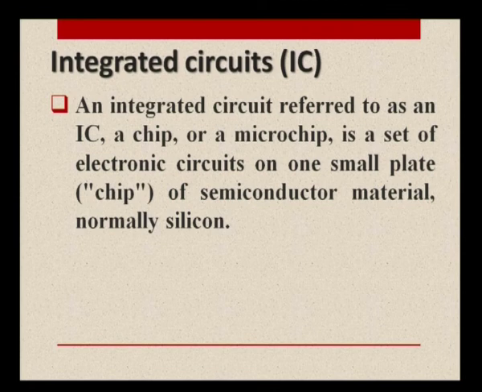This definition we have seen already, and I would like to show some typical ICs, how the integrated circuits would look. I would like to recall that logic gate ICs have 14 pins, 7 on one side and the other 7 on the other side.